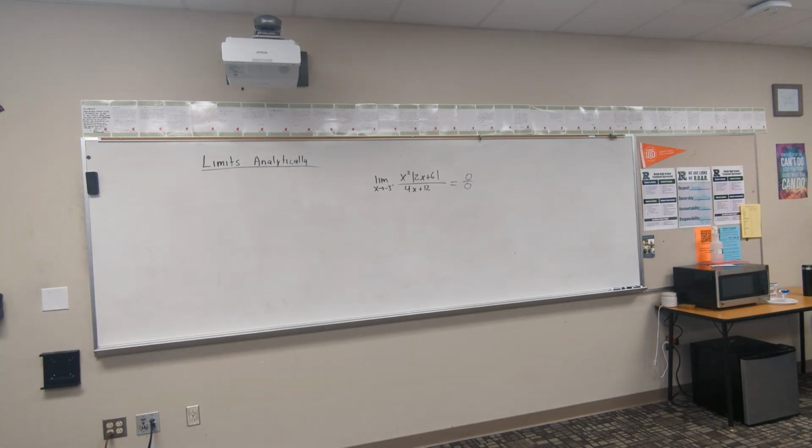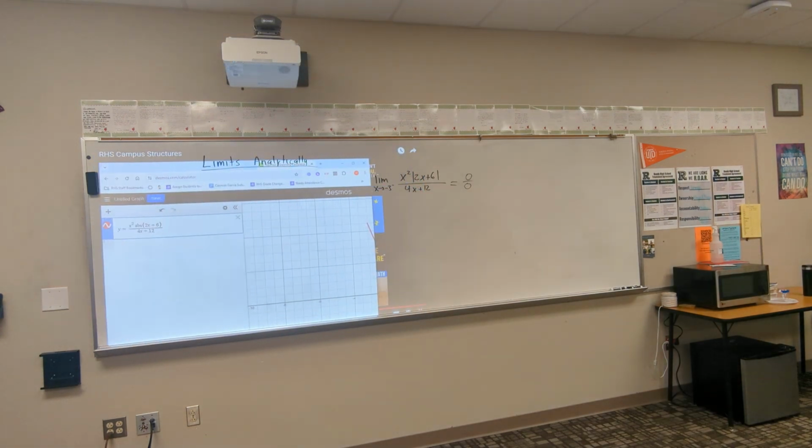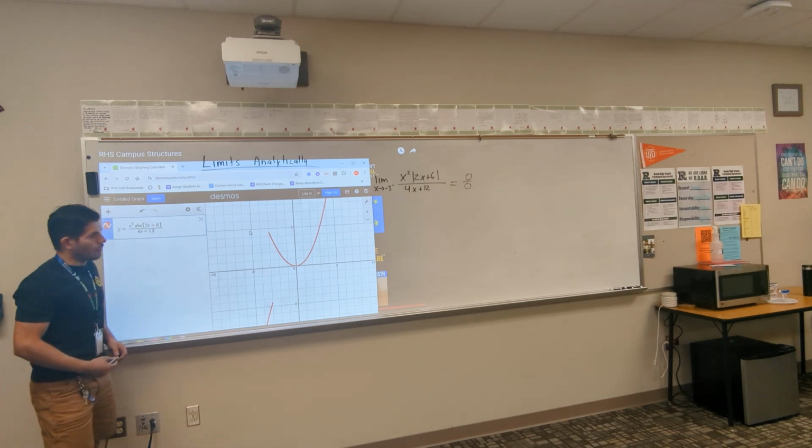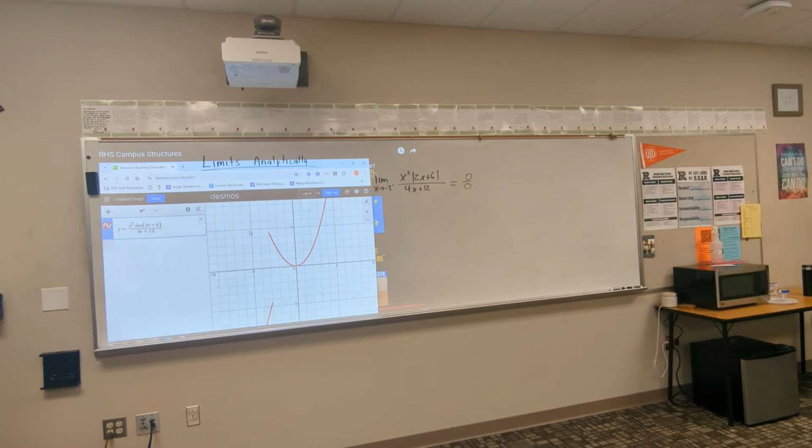So here's what the graph looks like. Okay, so the problem is at -3, right? So -3 is about right here. You get a visual. What kind of discontinuity do I have?